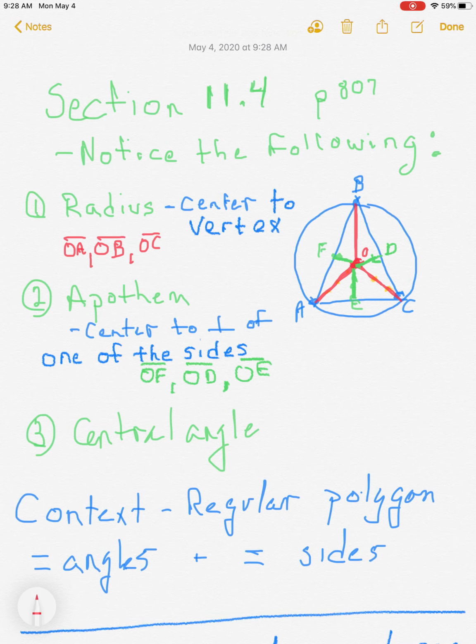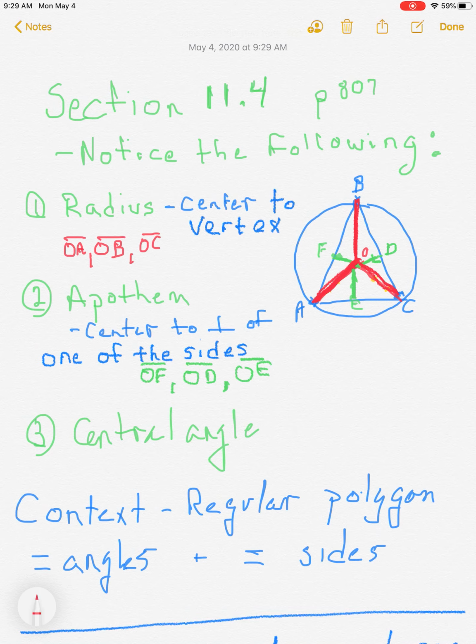So O to A is one of the radii, O to B is the second radius, and O to C is the third radius. What is a radius? A line that goes from the center of a figure to the intersection of two segments.